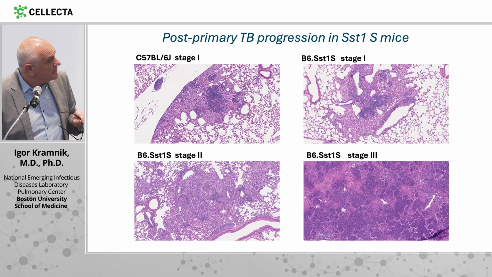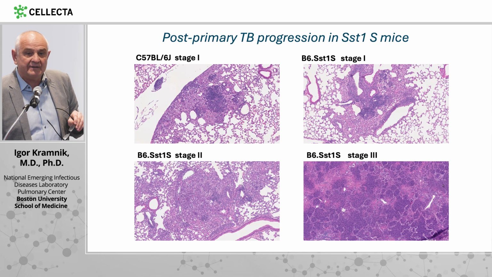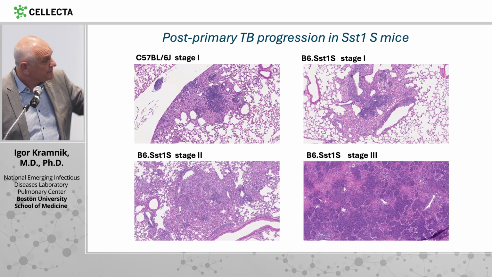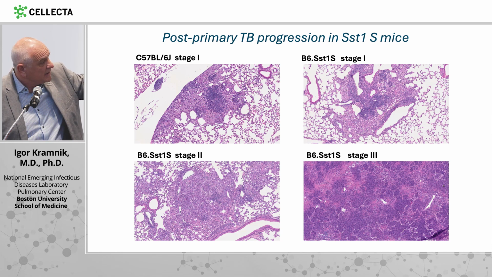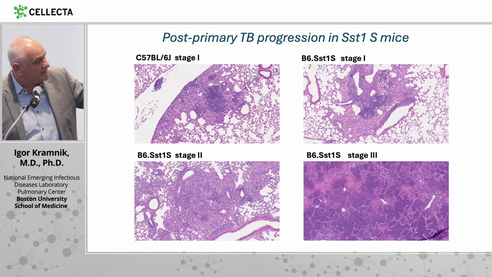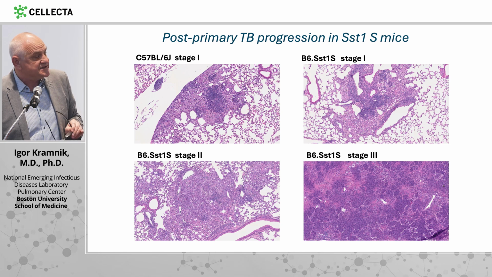And that's what I want to show here. You can see that in resistant mice, everyone uses Black 6 mice, it's the upper left, you see a small lesion, but in susceptible mice, the SST1 mutant that we study, you see initial lesion with progression and eventually formation of necrotic tuberculosis pneumonia that is typical for human patients.